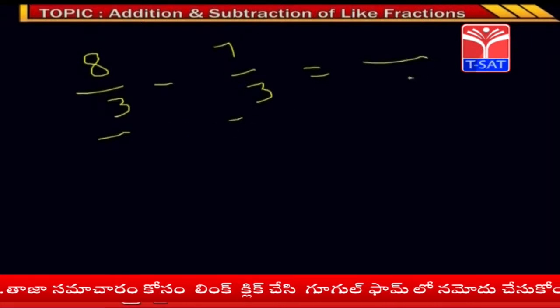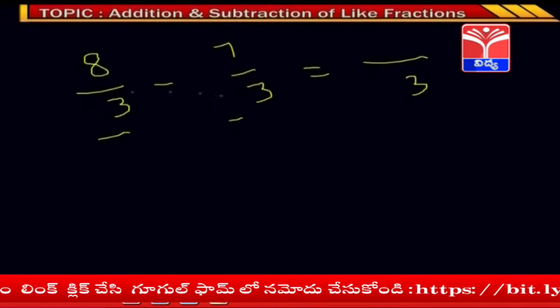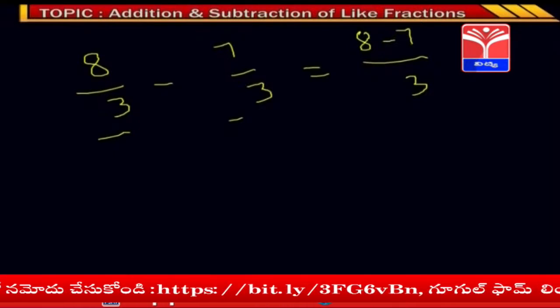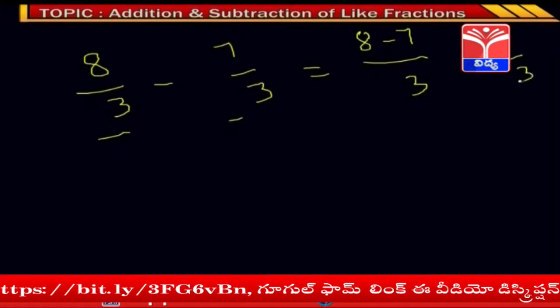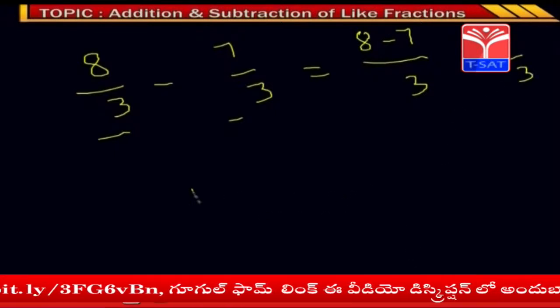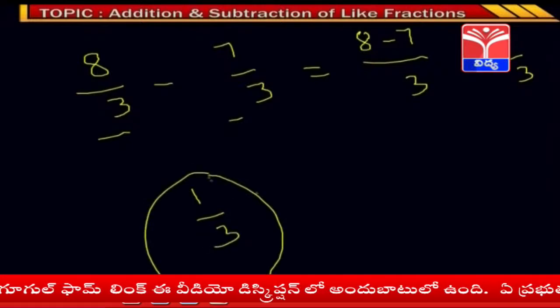So we write the denominator as the same and we subtract the numerators from those like fractions. That gives 1/3. 1/3 means what? 1/3 is a fractional number, 1 out of 3.